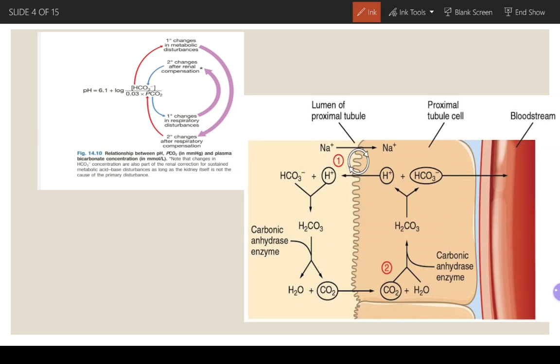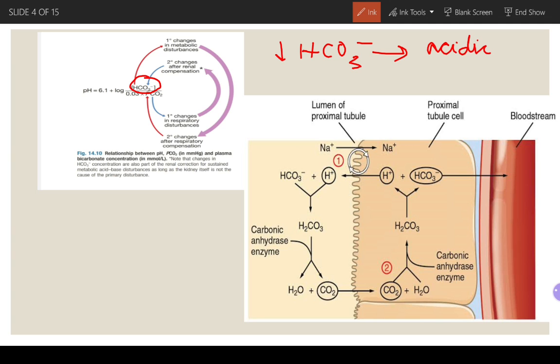For example, a decrease in HCO3 minus means that there's a relatively acidic environment, right? This is basically a primary change in metabolic disturbance. That will lead to a secondary change after the respiratory compensation.